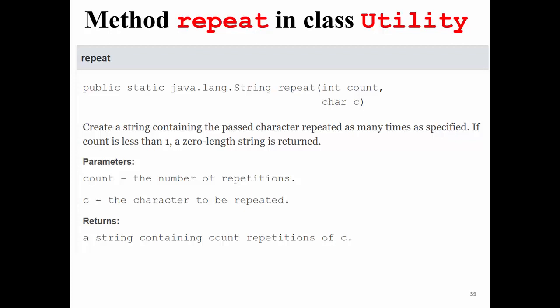Okay, what about int? You give int data type and you give char as you repeat. What is the return data type? String. So this is java.lang.String, just the full name for the string. And this is public, everybody can access.